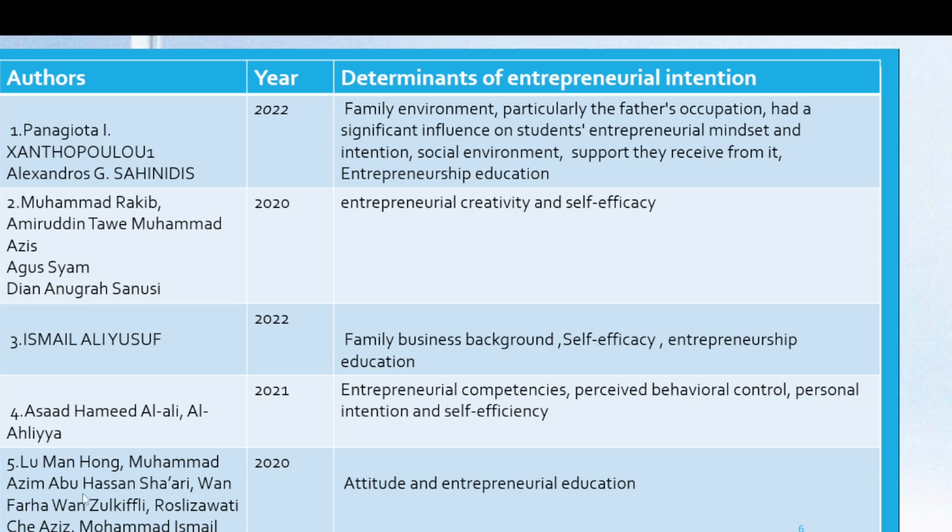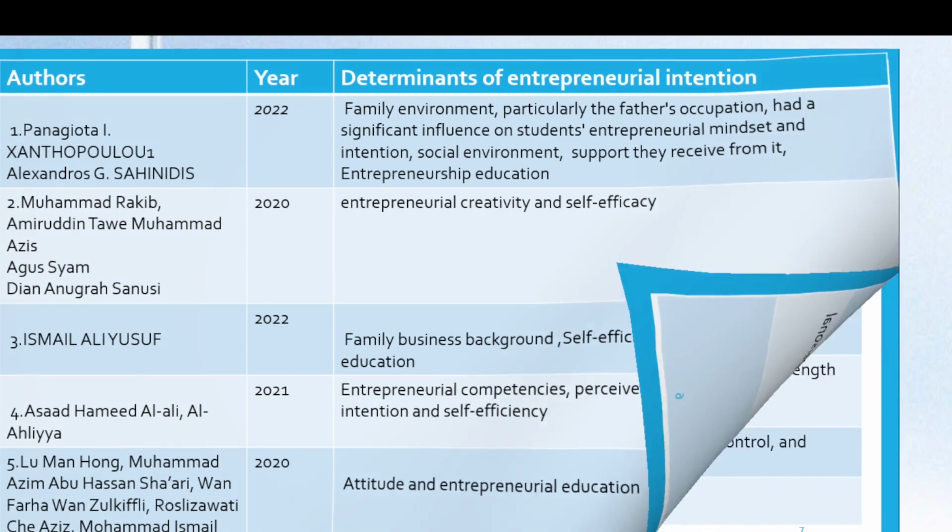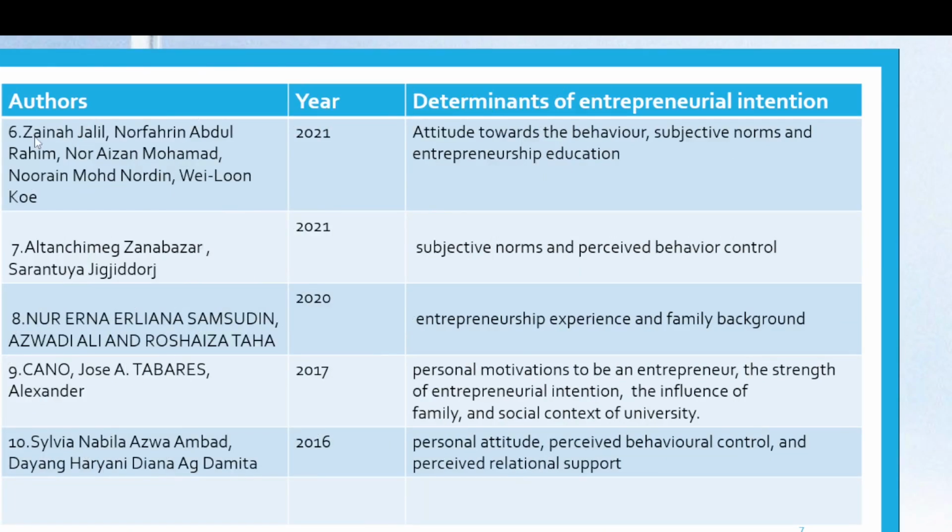The result from these authors is that the determinants of entrepreneurial intention are attitude and entrepreneurial education. The result from this author is that the determinants are attitude towards the behavior, subjective norms, and entrepreneurial education. This author concluded that the determinants are subjective norms and perceived behavior control.